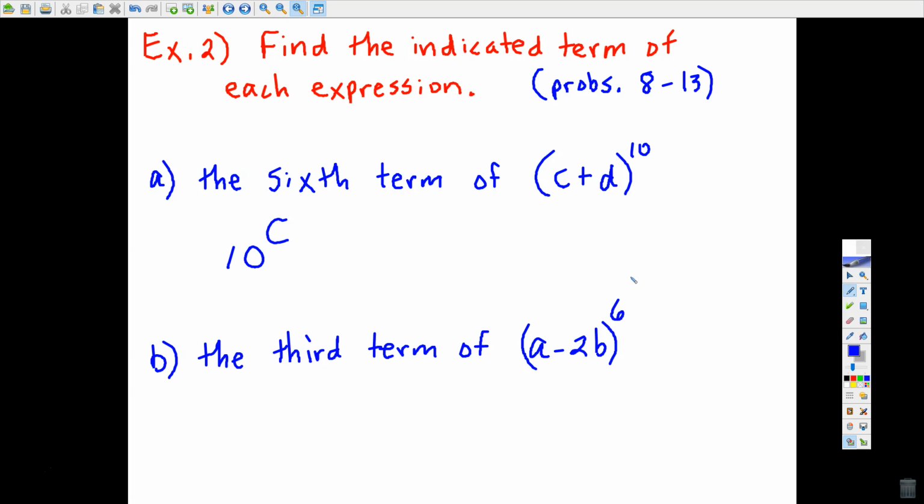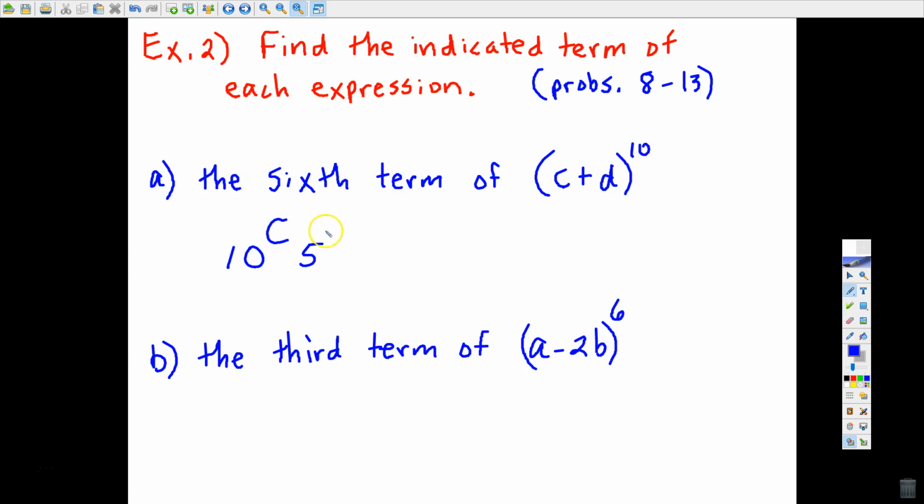The next term would be 2. The next term would be 3. Next term, 4. The 6th term, 5. Do you see how that works? So 10C5, because we start at 0 and we count up by 1.